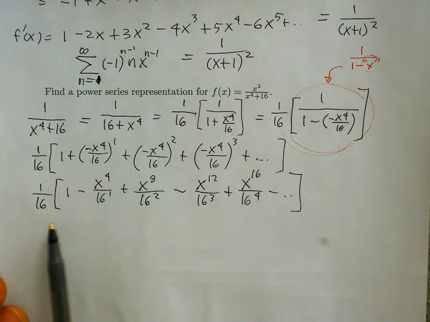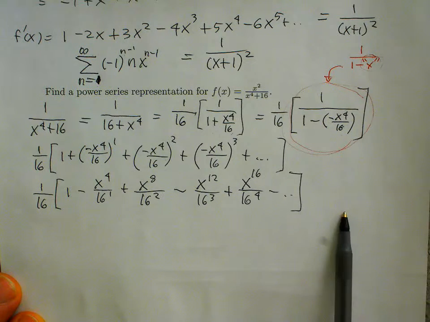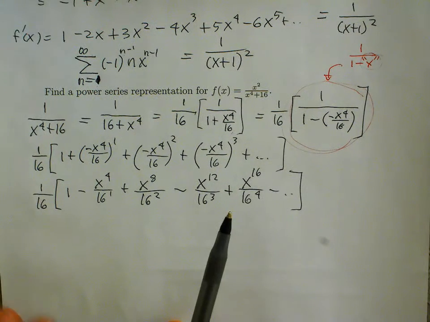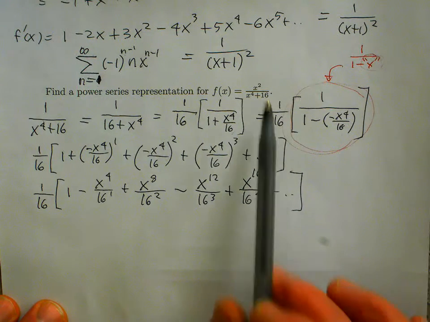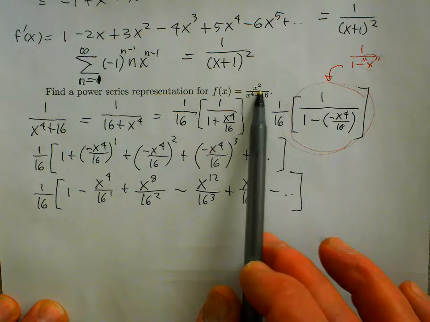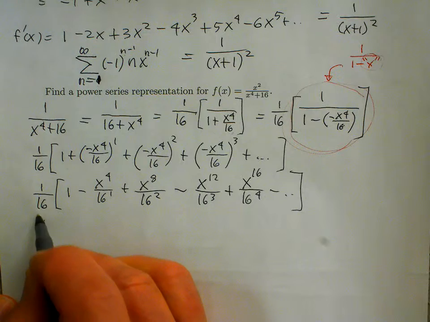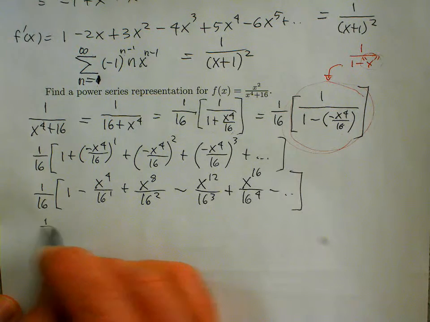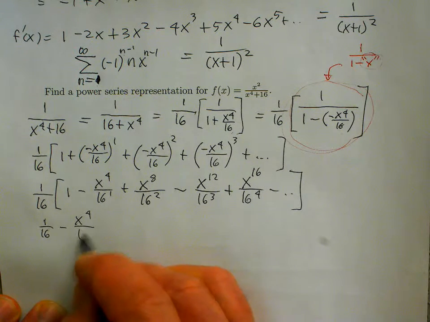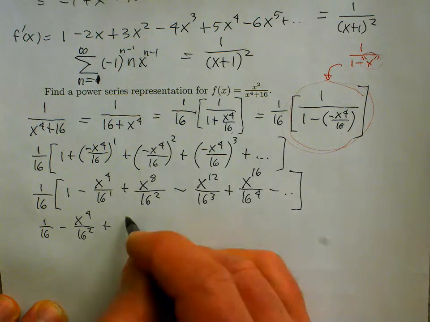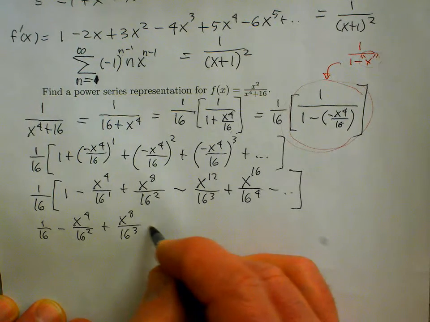And we might as well distribute the 1 over 16. We could also multiply by x to the 2nd, but we'll do that in the next step. So distribute multiplication by 1/16. So we get 1/16 minus x to the 4th over 16 to the 2nd, plus x to the 8th over 16 to the 3rd, and so on.